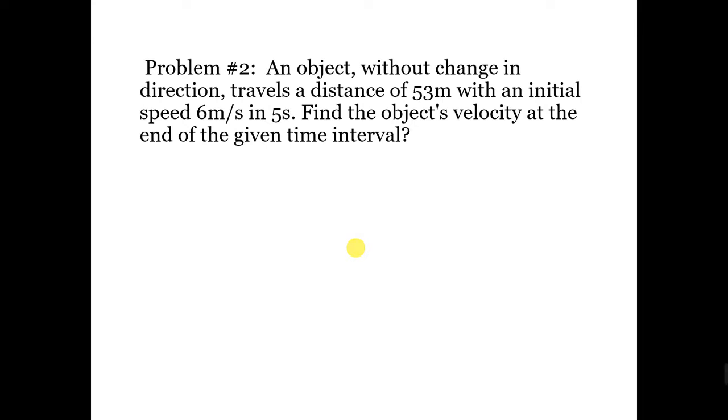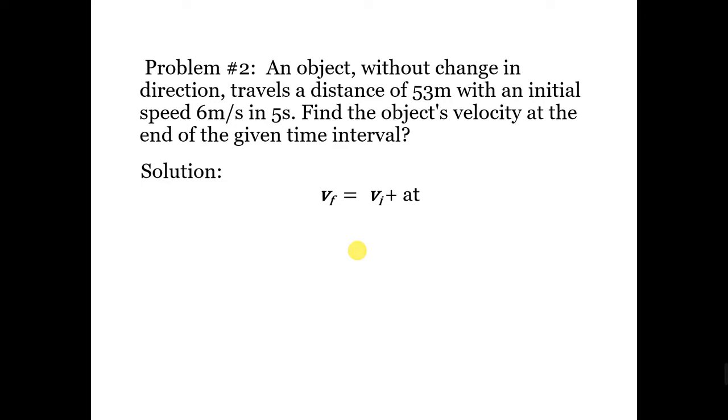In this problem, we will find the value of the final velocity. The formula for the final velocity is the sum of initial velocity and the product of acceleration with its time. We cannot directly use this formula to find the final velocity because we don't have the value of acceleration. So we need to find first the value of acceleration.